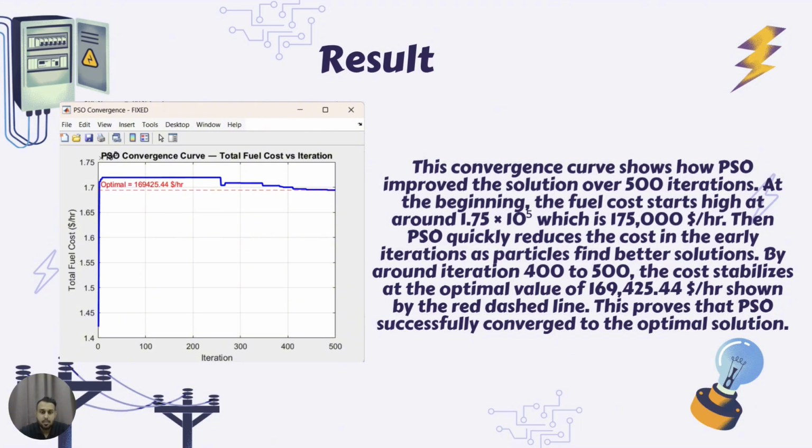Then PSO quickly reduces the cost in the early iterations as particles find better solutions. By around iteration 400 to 500, the cost stabilizes at the optimal value of 169,424.44 ringgit per hour, shown by the red dashed line. This proves that PSO successfully converged to the optimal solution.